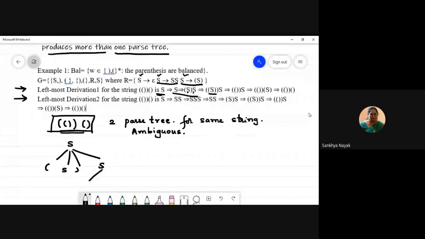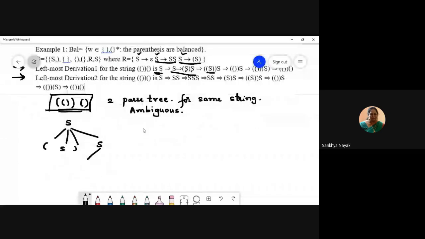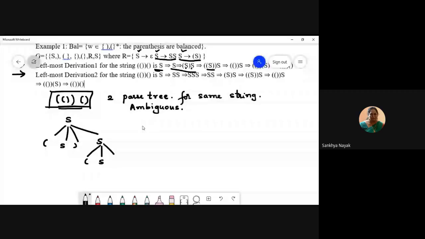This S, closed bracket. This S will again expand as open bracket, S, and closed bracket. Sorry, not that S, the internal S which is there inside the bracket. So this S will be expanded as S, open bracket, and closed bracket.